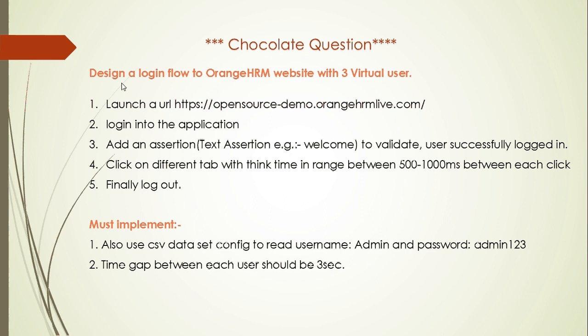After that, click on different tabs after you are logged into the Orange HRM application, with a think time. In that think time I have given you a specific range that you need to add, and after that finally you have to log out. So these are the 5 steps and the must implementation.